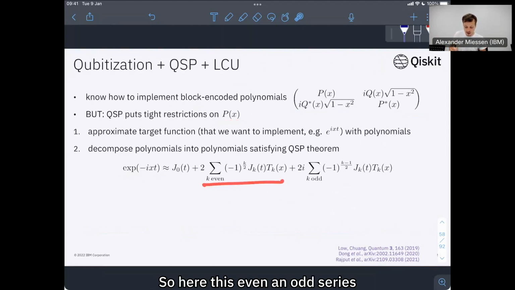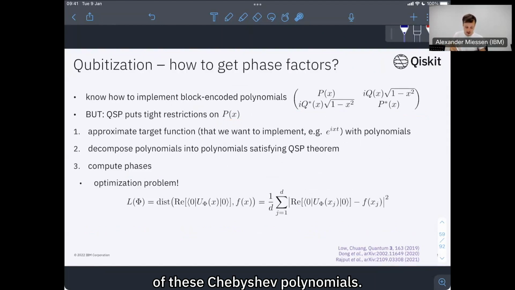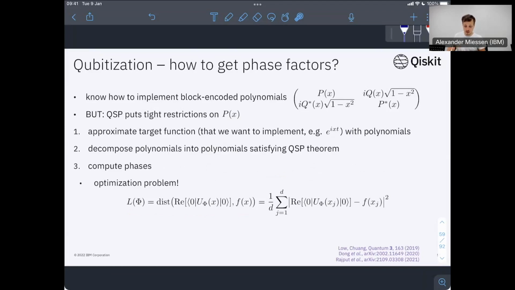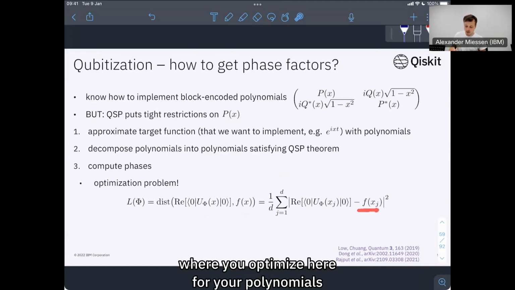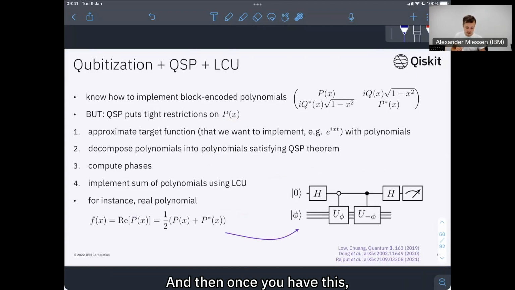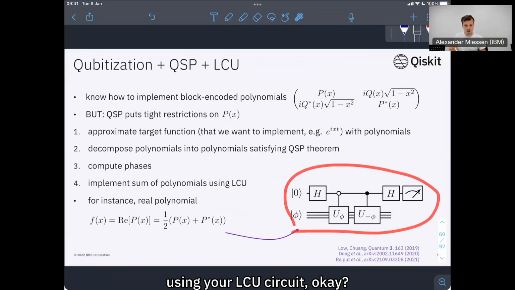So here, this even and odd series of these Chebyshev polynomials. Once you have this, you compute the phases with this just two-dimensional optimization problem, where you optimize for your polynomials that satisfy the QSP requirements. And then once you have this, you combine these different parts using your LCU circuit.